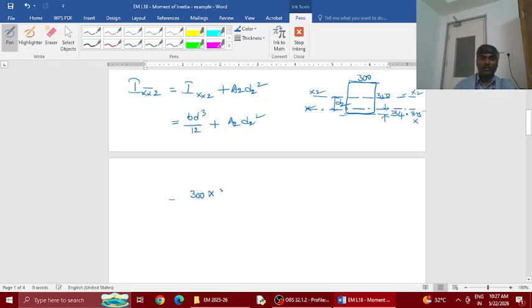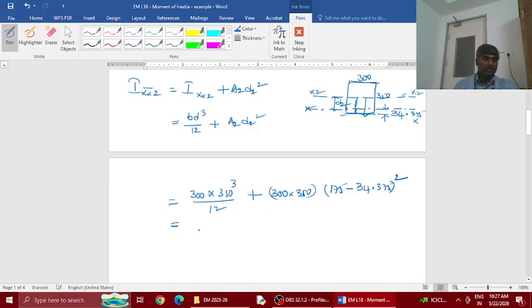So 300, the opposite dimension, by 12, plus the area, 300 into 350, and the distance is, from here till the bottom is half of 350, the midpoint, that is 175, minus this distance 34.375. If you remove this one, you will get the remaining distance, that is this value whole squared.